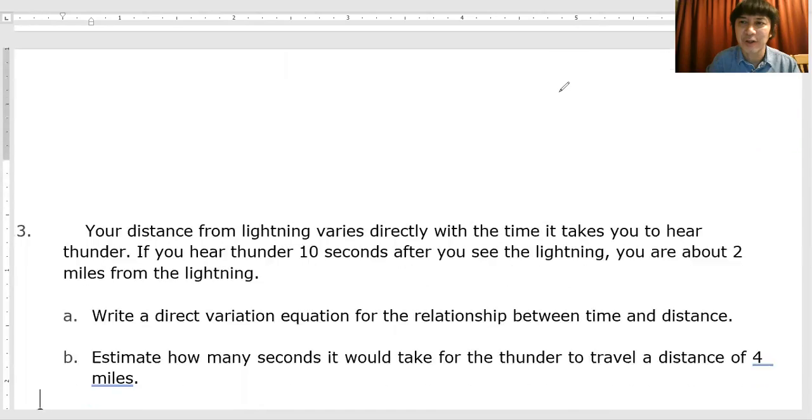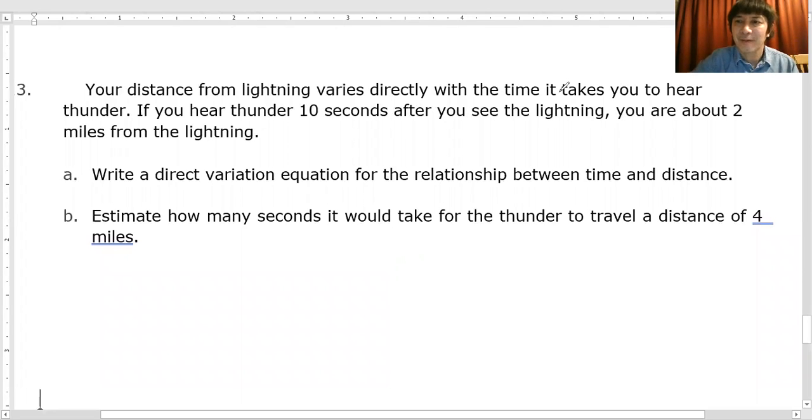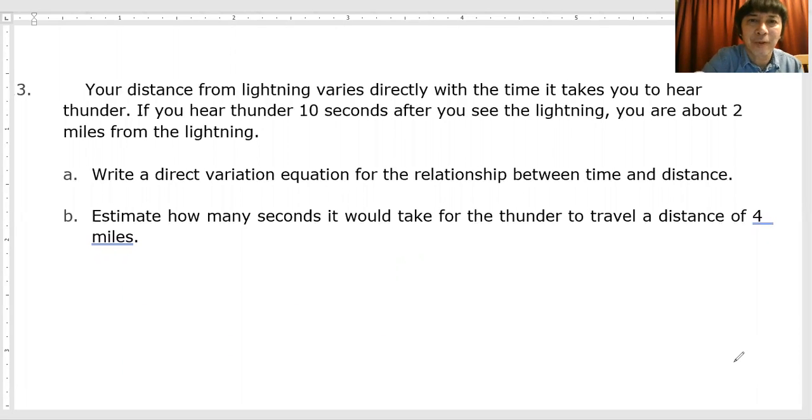Okay, here's the next. Your distance from lightning varies directly with the time it takes you to hear thunder. So we're talking about distance and time.